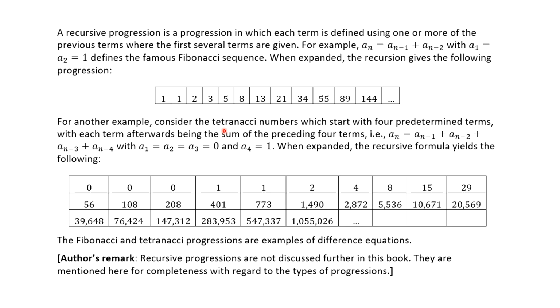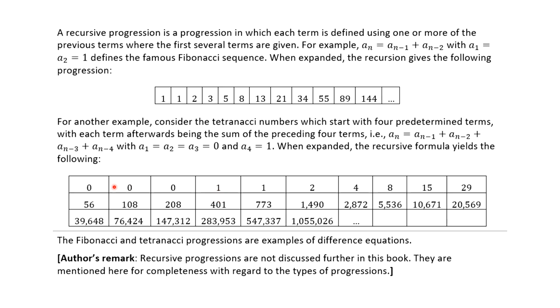And you get this series here. Then there's another less common recursive progression. It's called the Tetranacci numbers, which start with the first four terms being given. So a1, a2, a3 equal 0, and a4 equals 1. So I've written them up here. And then the formula after that is that a_n equals the sum of the previous four terms, unlike this where we just did the sum of the previous two.